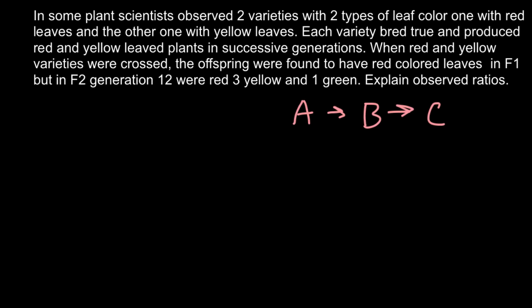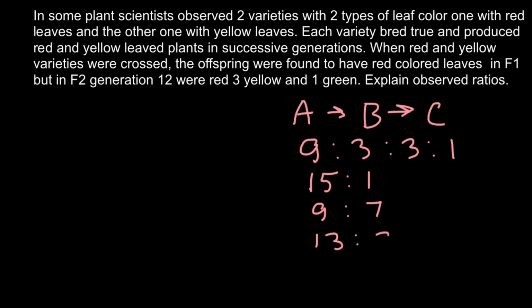And people who watch my videos already know that a classical dihybrid cross would produce the following ratio: 9 to 3 to 3 to 1. And we may also have different modifications of this dihybrid cross, as for example 15 to 1, or 9 to 7, or 13 to 3, or say 1 to 4 to 6 to 4 to 1.